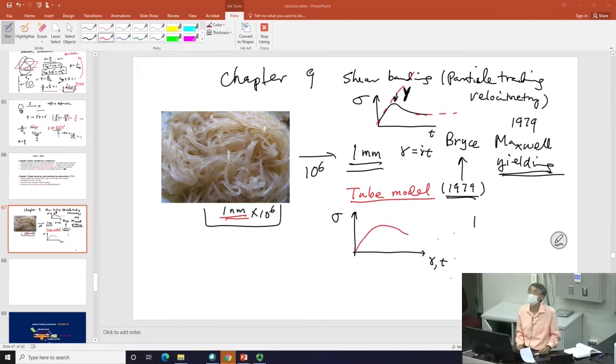How about that? Wonderful. It can predict overshoot. My goodness. Meaning, since it's a molecular model, if you can predict something, it means it tells you the molecular origin of why you have this overshoot.